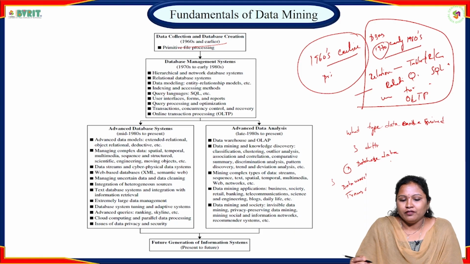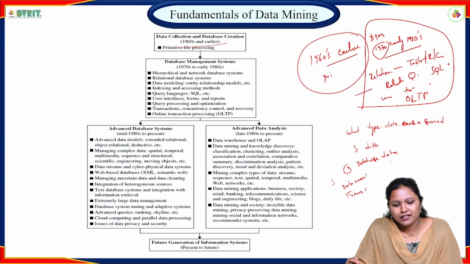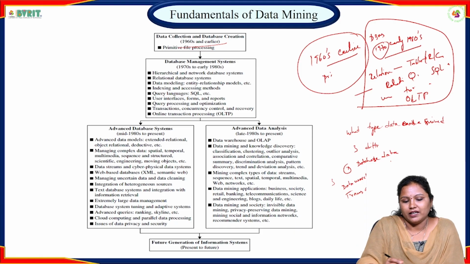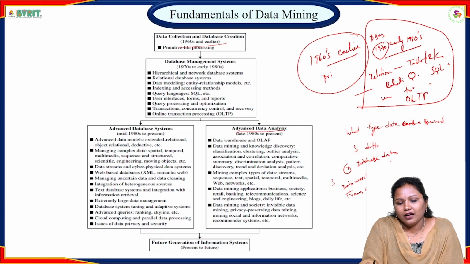After the 1980s, we came into existence with advanced database systems and advanced data analysis. Advanced database systems are an extension of relational databases, as well as managing spatial, temporal, multimedia, sequential data, and different data streams.